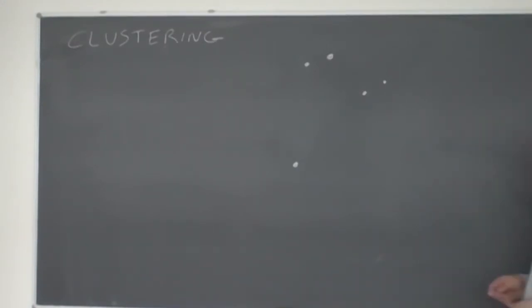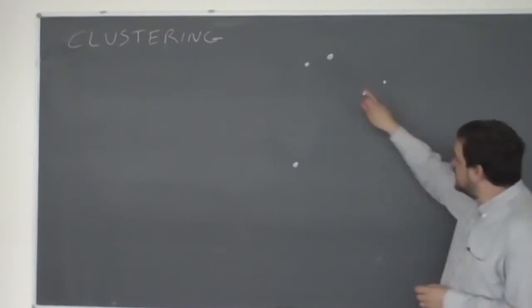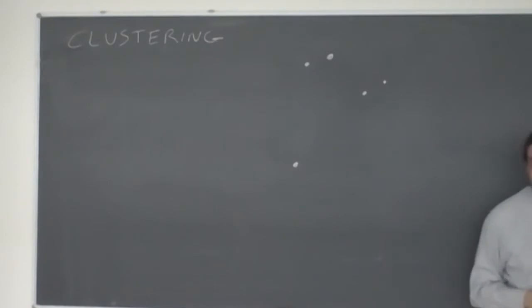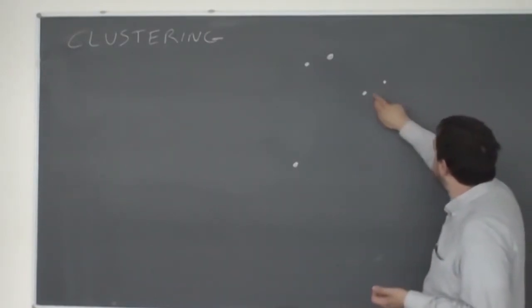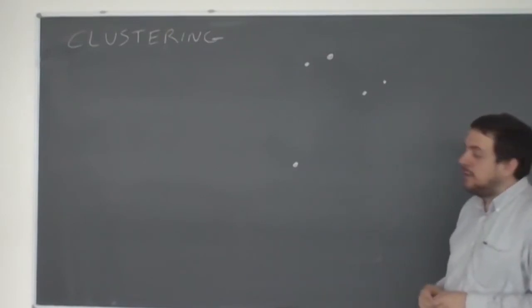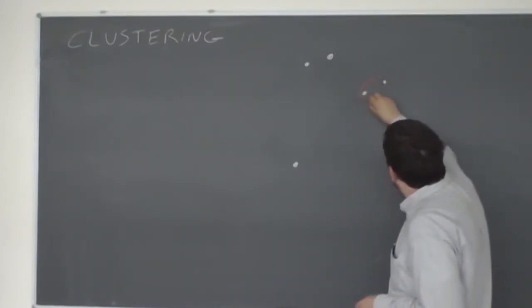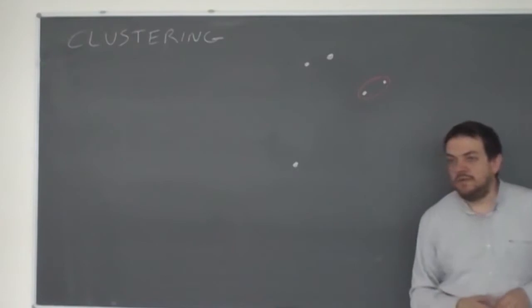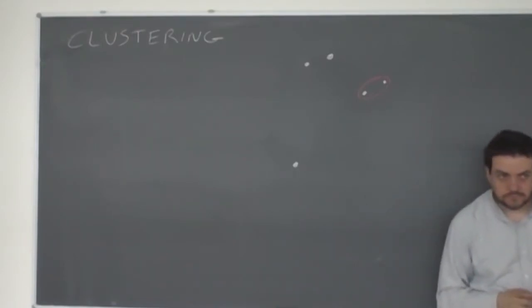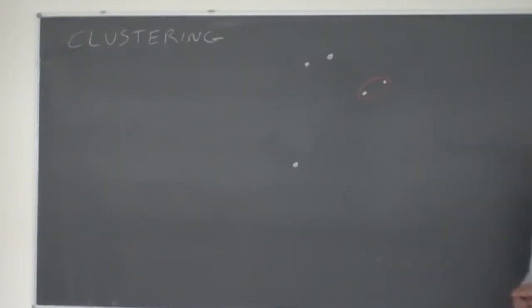Maybe the first thing that I can do is find the 2 points that are nearest to each other. For example, suppose that it's these two. Now I collect them in the same group.